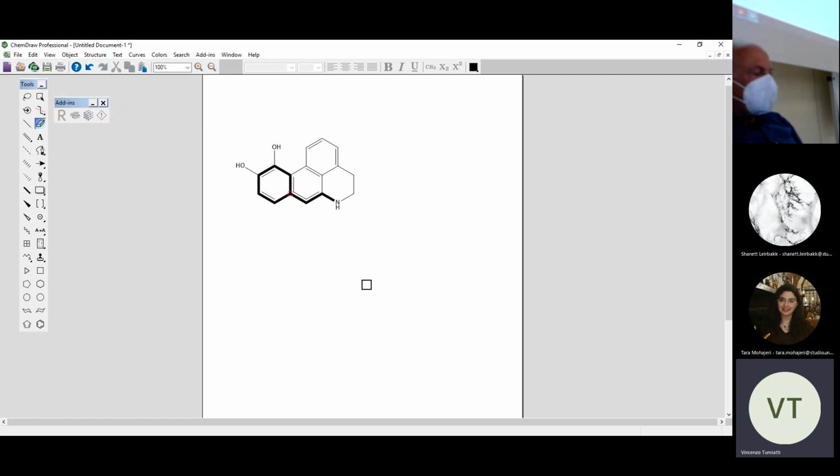The activity of this compound allowed us to understand the active conformation of dopamine with the receptor, at the active site of the receptor. So really, in this way, it's very easy to draw the chemical structure of this class of molecule.